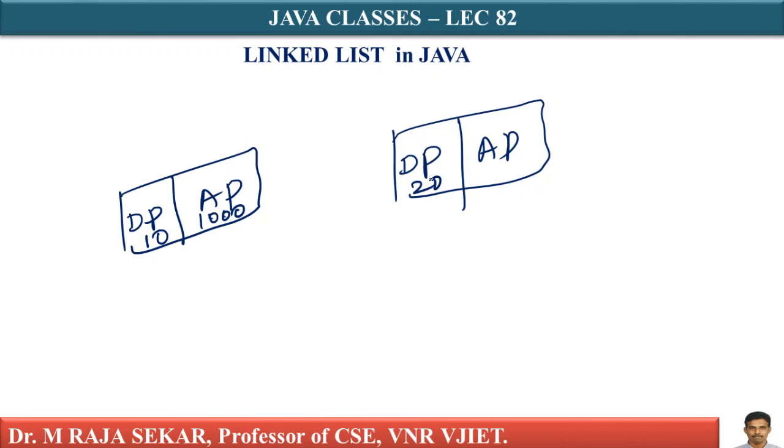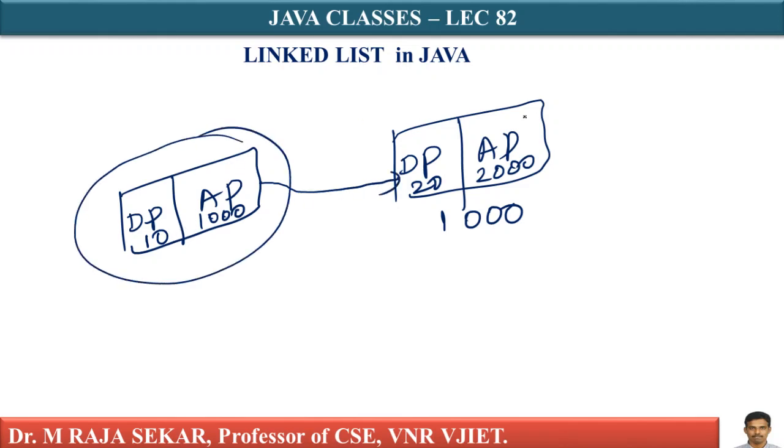In the data part here I am storing 20, and the address part, let me say, is 2000. Let me say the address of this node is 1000. If I keep 1000 in this address part, this link will go to the node whose address is 1000. Therefore, this element and this element are linked by this link.